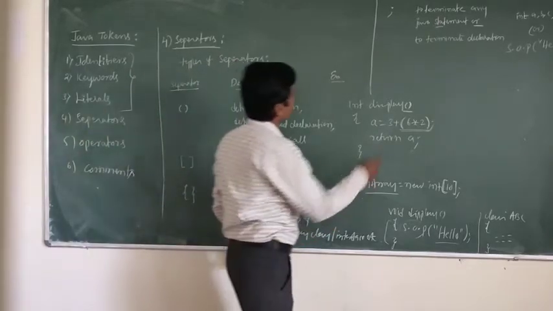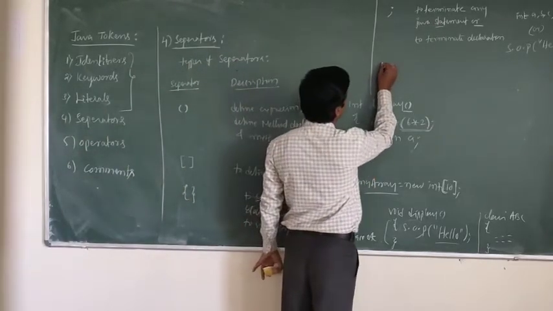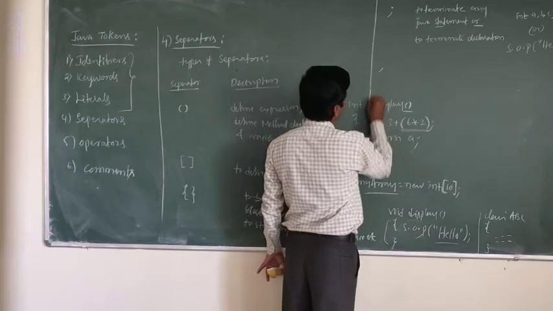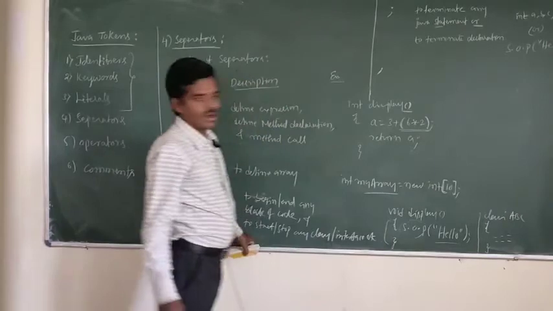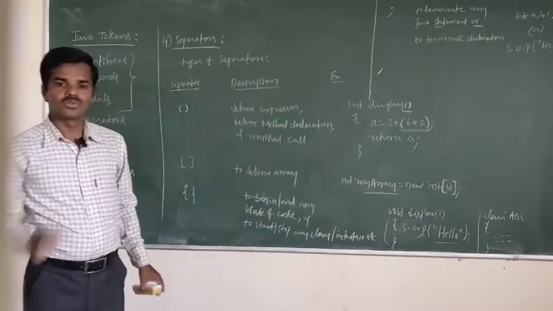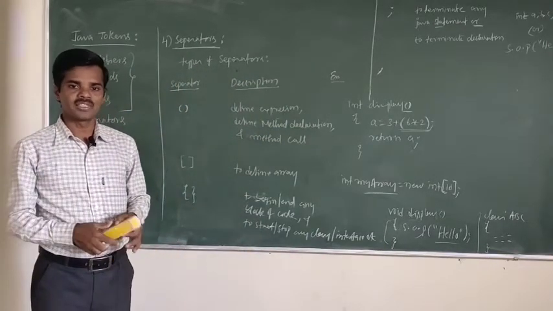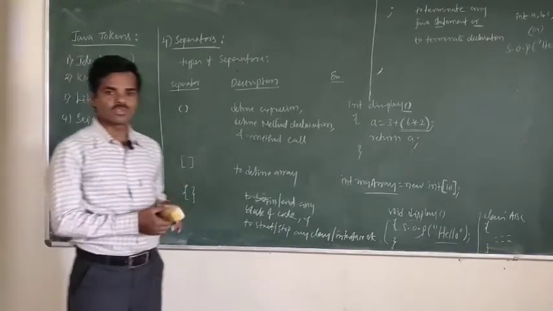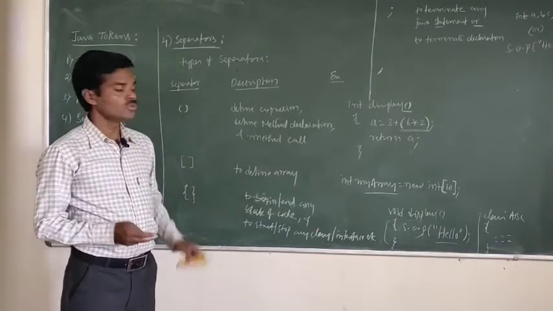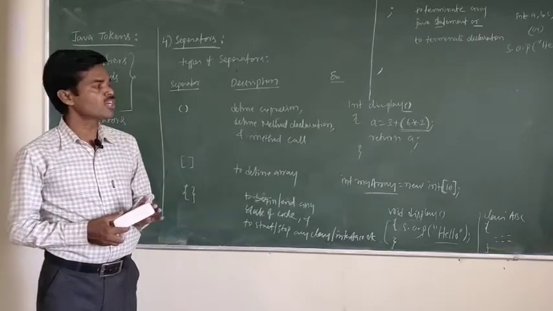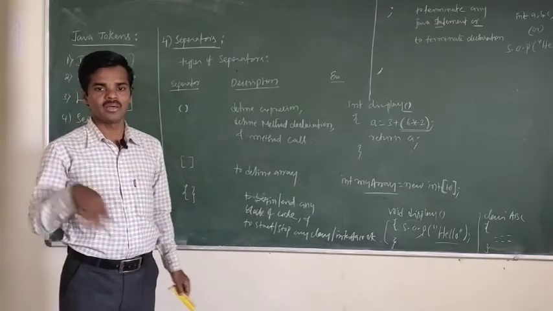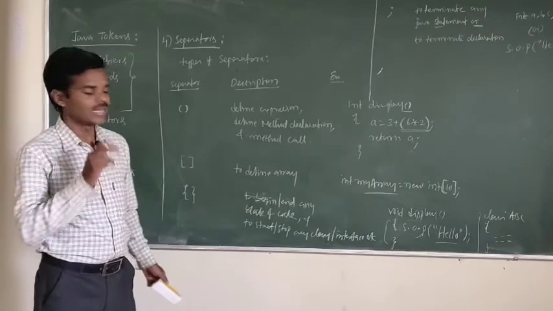Next, another one is the comma. The comma separator is used to separate the list of variables in a declaration, or to separate the list of parameters in a method declaration or method call.